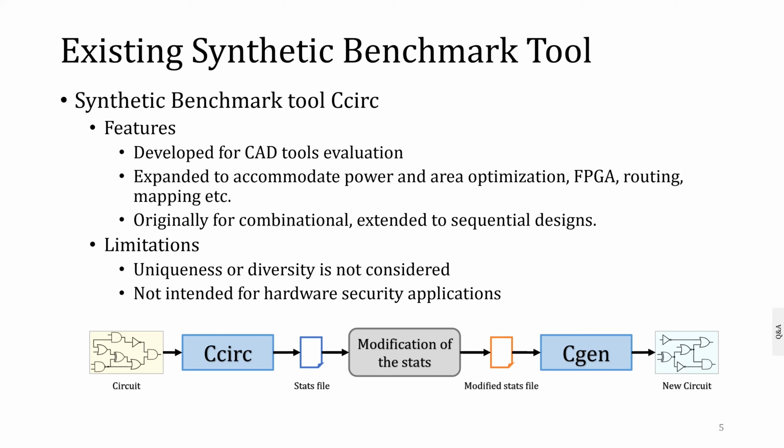The first synthetic benchmark tool available is the CSARC tool, and this one takes a circuit and translates it into a statistical file called a stats file. Then this stats file can be passed through another tool called cgen that the same authors have provided, which can translate it back into a circuit format. There is some randomization in the generation process which would make the new circuit different from the original one. But if you do some modification by hand, you can get a new circuit.